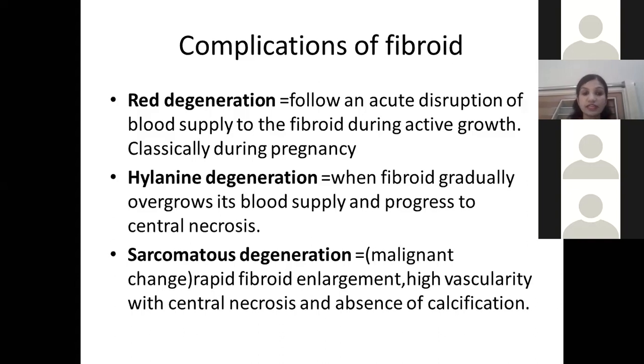The third complication, the sarcomatous degeneration. The sarcomatous degeneration is the malignant transformation of this fibroid. It means the fibroid is showing some malignant features. If the patient presents to you with rapid fibroid enlargement, the fibroid is growing very rapidly in a short duration of time with increased vascularity and central necrosis, you may suspect that the patient is developing some malignant changes in the fibroid.